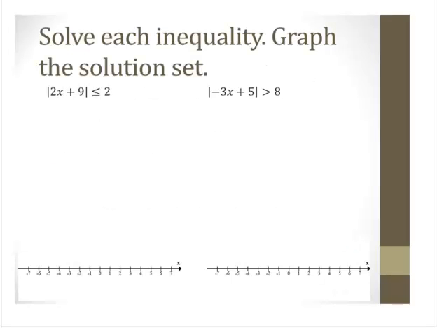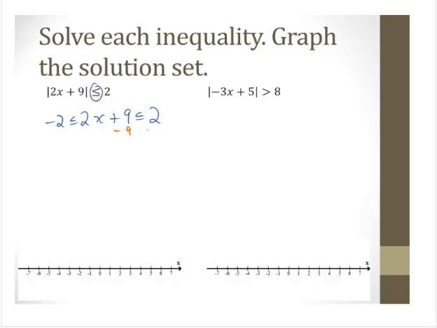Alright, so let's consider an example. We have the absolute value of 2x plus 9 is less than or equal to 2. Since this is a less than inequality, I can bound the 2x plus 9 on either side with 2 or its opposite. And now I can solve this inequality.